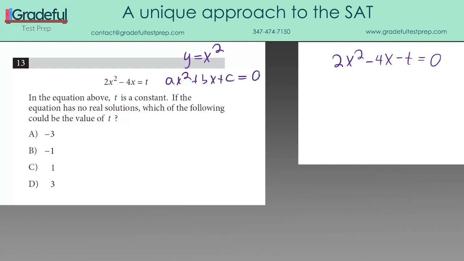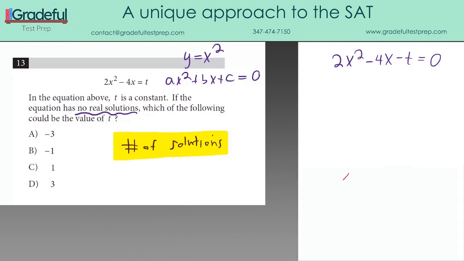And when you have a question that's talking about the number of solutions of the quadratic, which is what they're doing right here, that is our red flag that we're talking about the discriminant. Now, what is the discriminant? It's the idea that when you're using the quadratic formula, which looks like this, x equals -b plus or minus the square root of b squared minus 4ac all over 2a.